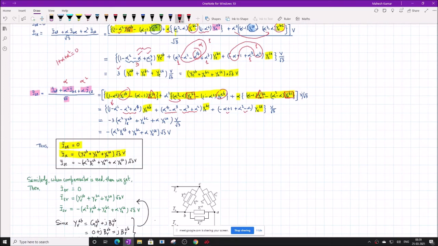So this first coefficient is 1 minus alpha square minus alpha square, so this is minus 2 alpha square here, and alpha 4 is same as alpha. Okay, alpha 4 is same as alpha. So 1 plus alpha is nothing but minus alpha square from this. So minus alpha square minus alpha square minus alpha square, 3 times. So minus 3 alpha square. The coefficient of YLAB is minus 3 alpha square in fact.